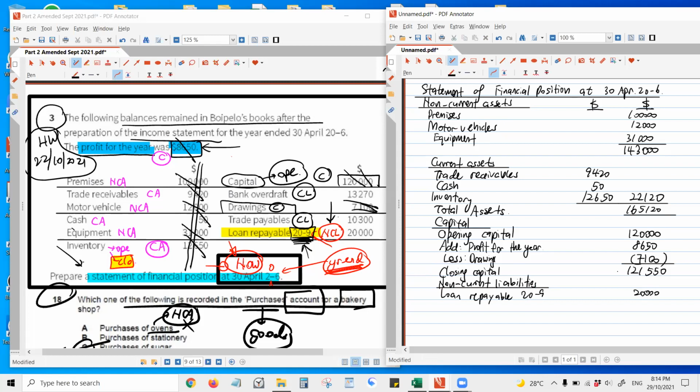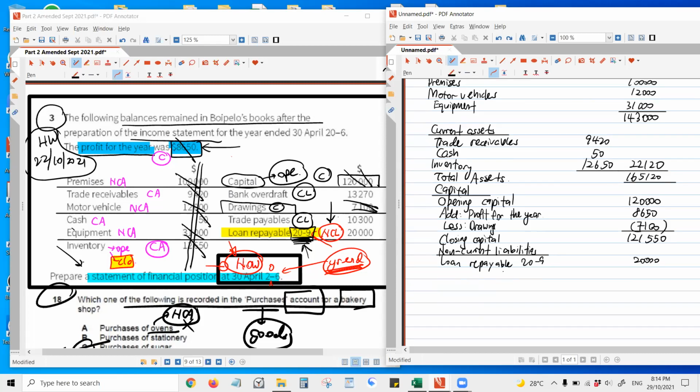That's why I can put it to the rightmost. And for current assets, why do I put them onto the left dollar column? Because I want to be able to show the total current assets here, 22120. Get the idea?